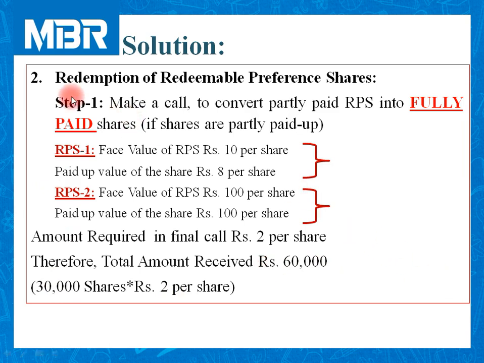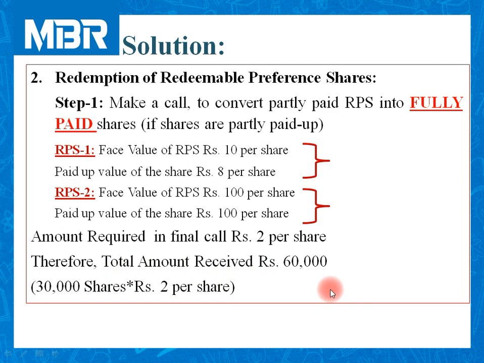It means to convert partly paid shares into fully paid up, the company has to call amount from RPS 1 at the rate of rupees 2 per share on 30,000 shares. So the total amount received by the company is rupees 60,000.